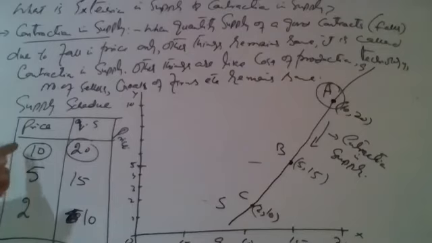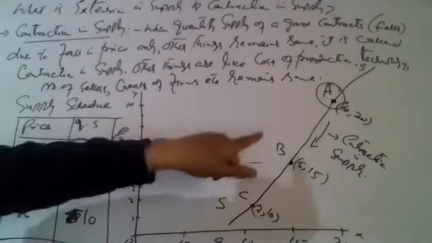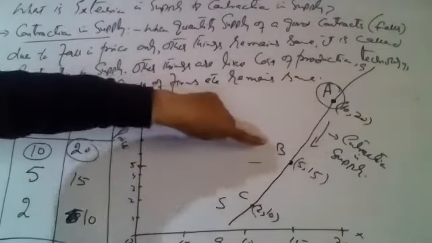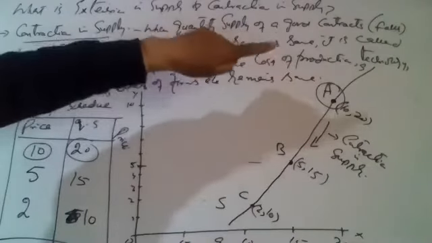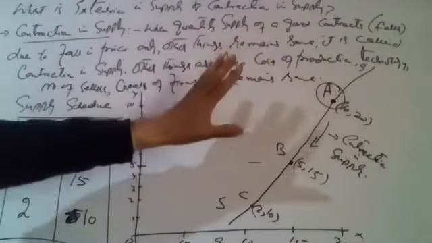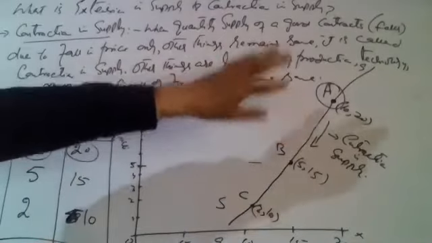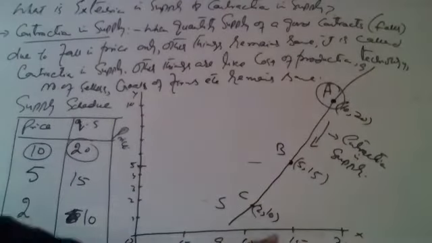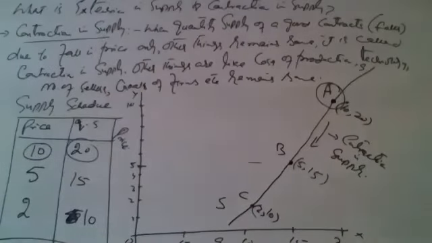When price falls from 10 to 5, the quantity supply falls from 20 to 15, and we move from point A to point B on the same supply curve. This movement shows contraction in supply, because this fall in supply is due to fall in price.